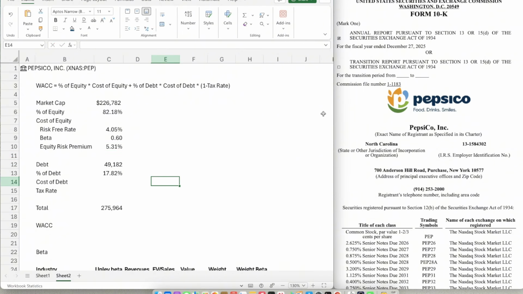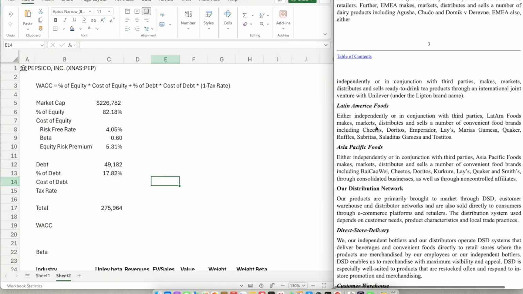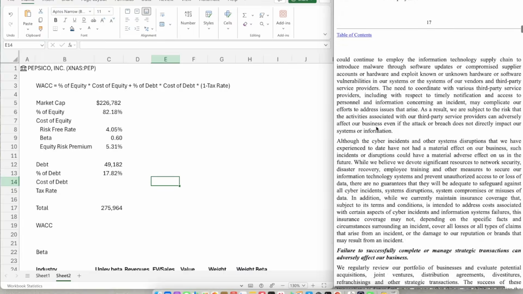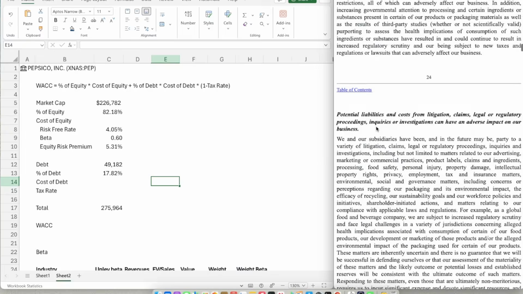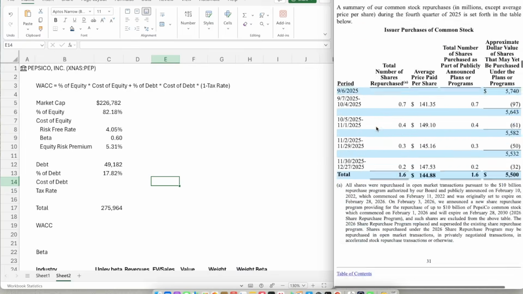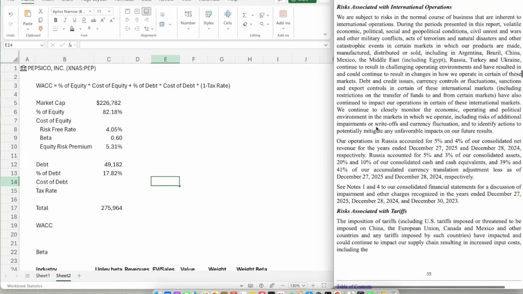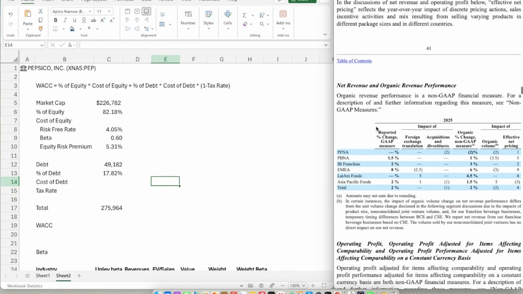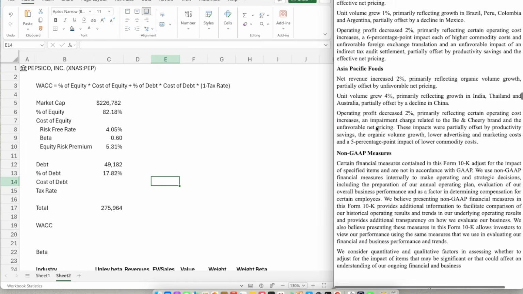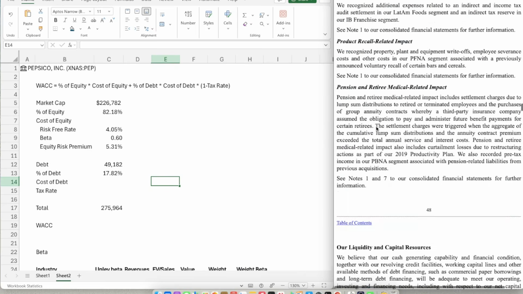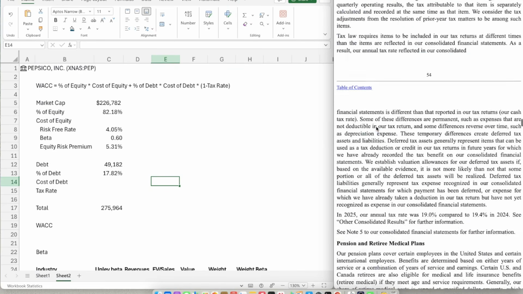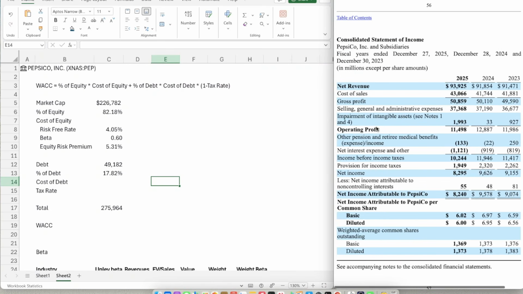Okay, the cost of debt, we need to go on to the income statement. We just need to know what the interest expense was.